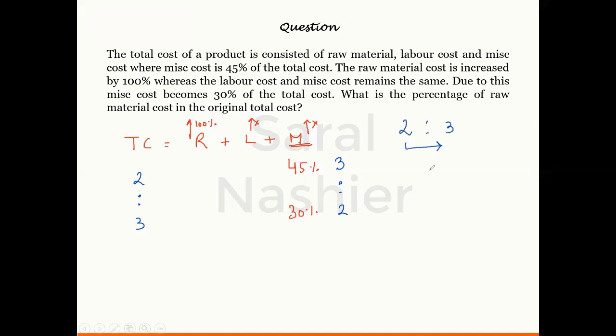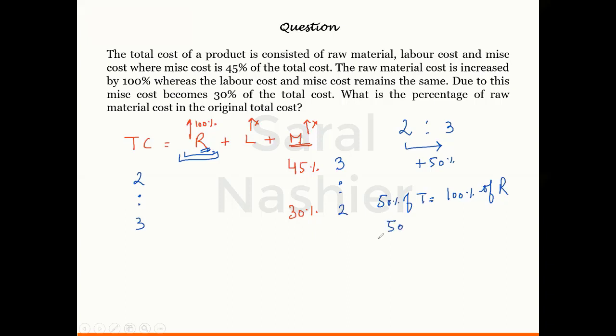So can I say the total cost has increased by 50%? The total cost has increased by 50%. And this increase is only because of the raw material cost. So he says raw material is increased by 100%. So can I say that 50% of the total cost is actually equal to 100% of the raw material cost, right? 50% of the total cost is 100% of the raw material cost.